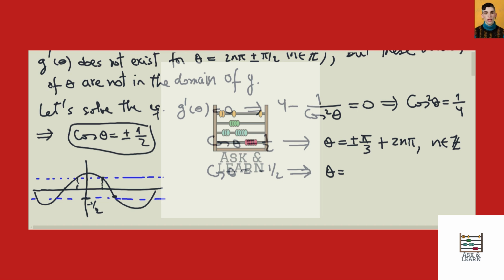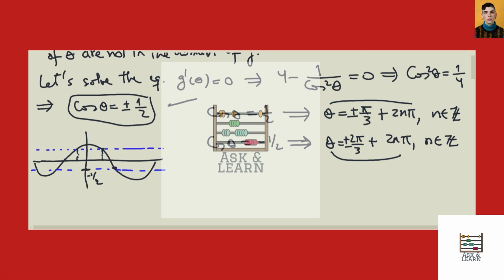It's easy to see that the solution is 2 pi third, and then that plus 2n pi gives us all the solutions of this equation, but we know that negative 2 pi third is also a solution, so we get all these formulas here. So all those values of theta having this form or this form give us solutions to these equations and are the critical numbers of the function g.